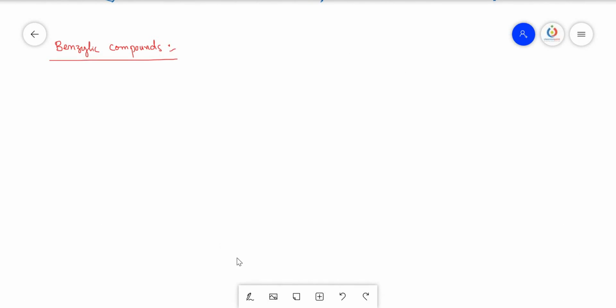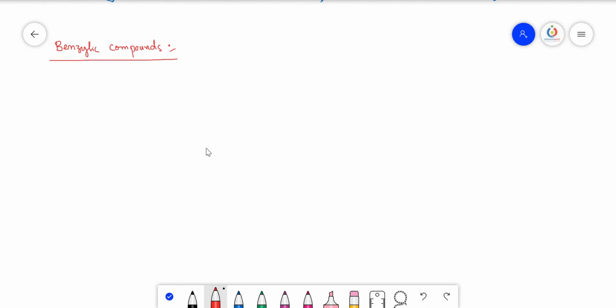So, in benzylic compounds, we must see first of all the functional group. What type of functional group is present here? So, here just see, we will take a benzene ring to which a side chain is present. The carbon directly connected to the benzene ring is called the benzylic carbon.